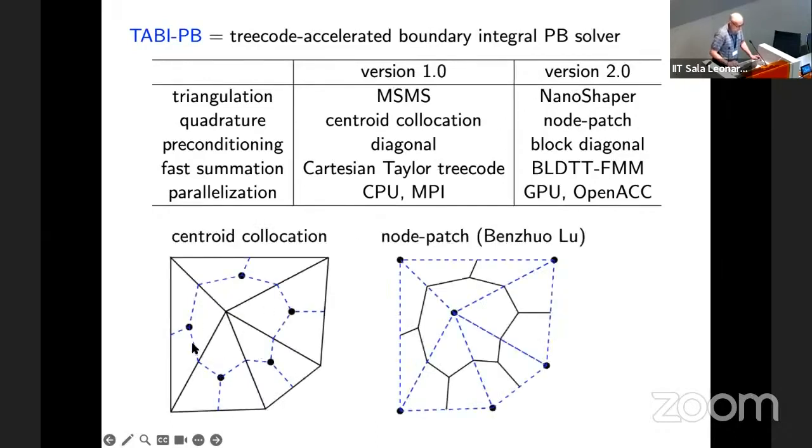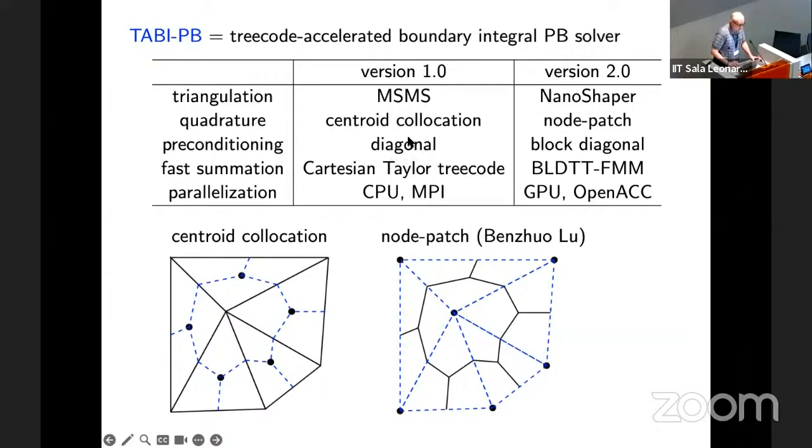If we have 5 triangles on the surface, just looking at a little patch, centroid collocation solves at the centroids of the triangles. And we learned from Benzhuo Lu that it's more efficient to use something he calls node patch, which means that we solve for the potential and the normal derivative at the vertices of the triangles. These are now the discretization points, and this is now our default method for doing the quadrature of those integrals on the surface.